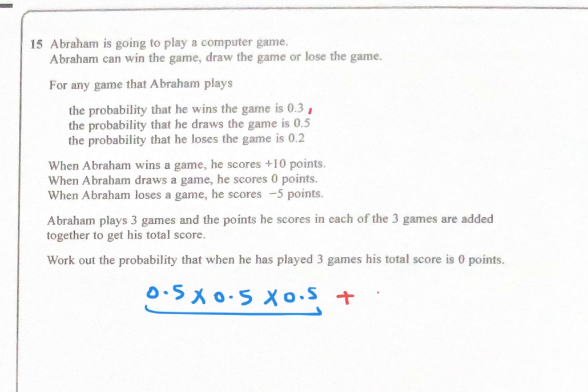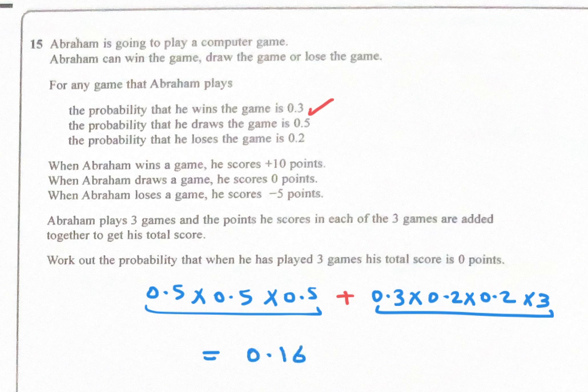The probability to win is 0.3, and the probability to lose is 0.2, so times 0.2 times 0.2. But because the order does matter, he can win the first or the second or the third, so multiply by 3. Now add them. The answer will be 0.161.